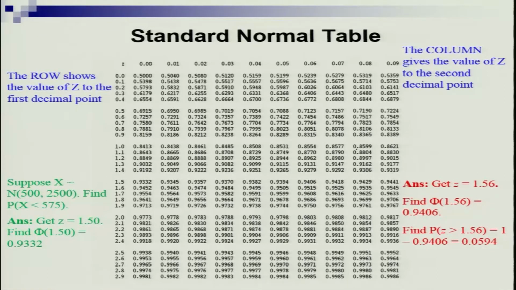Suppose I am interested in a z value of 0.47. What to do? I first come down to the row which shows 0.4, and then I move towards the end of this table, and I stop as soon as I hit the column headed with the number 0.07.